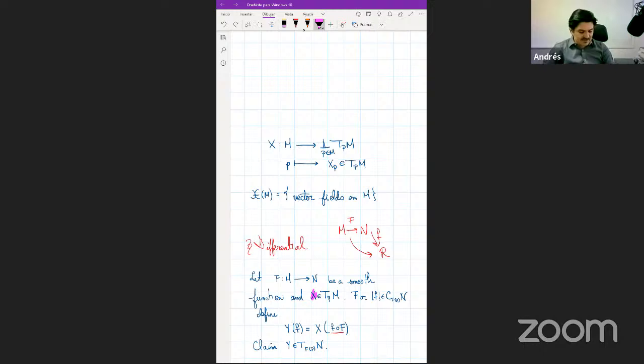So what I claim is that this definition makes Y into a derivation on this space. Okay? That's our claim. So I'll start with a derivation on M, and using this function f, I'm going to define a derivation on N, and more explicitly at the point f of p.